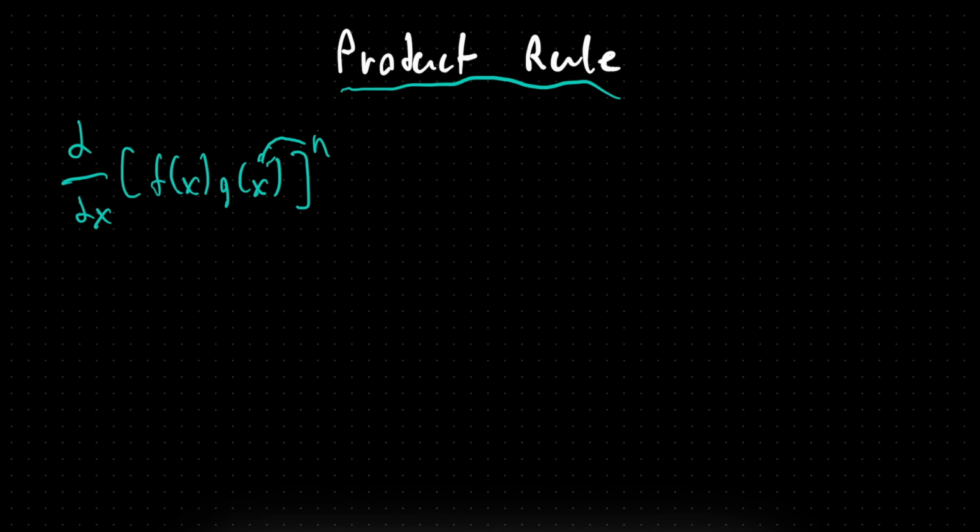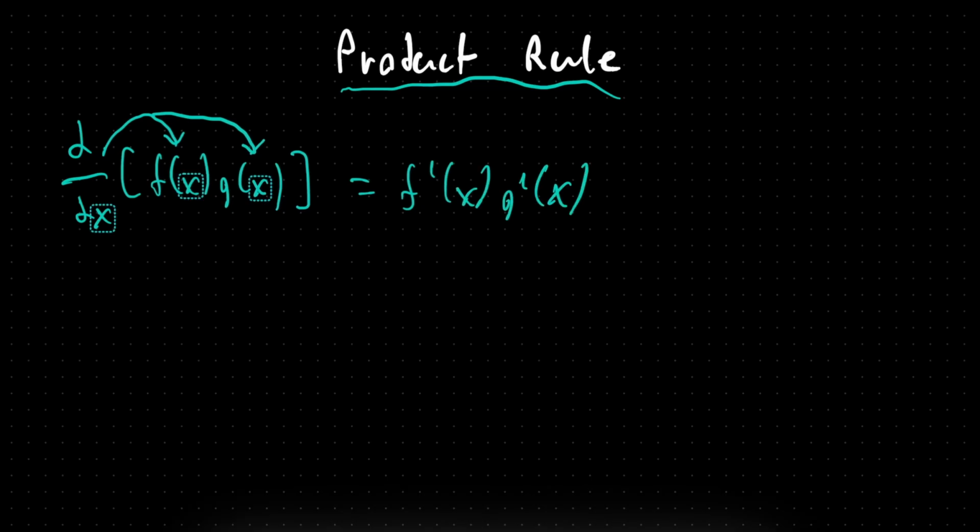And similarly, some of you might also think that this d/dx operator would also distribute onto each of these functions, and that would make this equal to f prime of x times g prime of x. Well, if this is true, let's test it out.